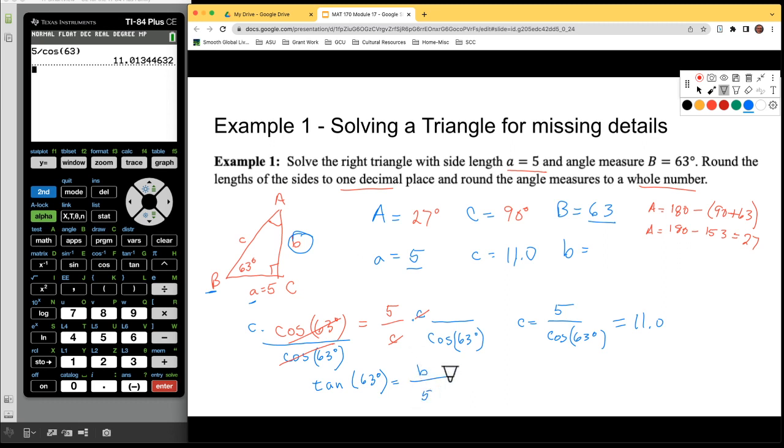And you'll see that this calculation is actually quite nice. I just need to multiply both sides by 5. That cancels and that cancels, and B is just going to be 5 times the tangent of 63.